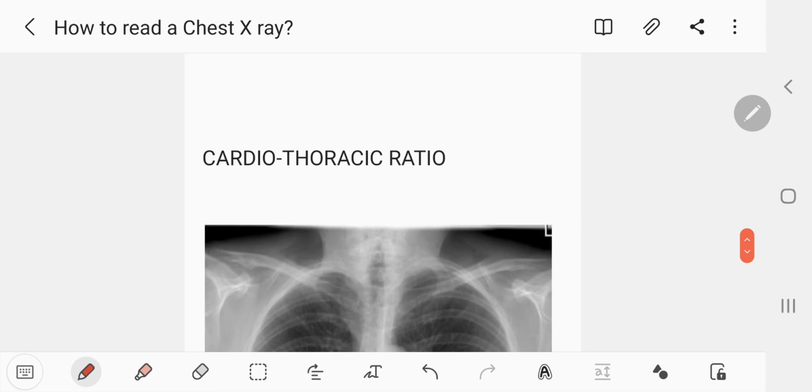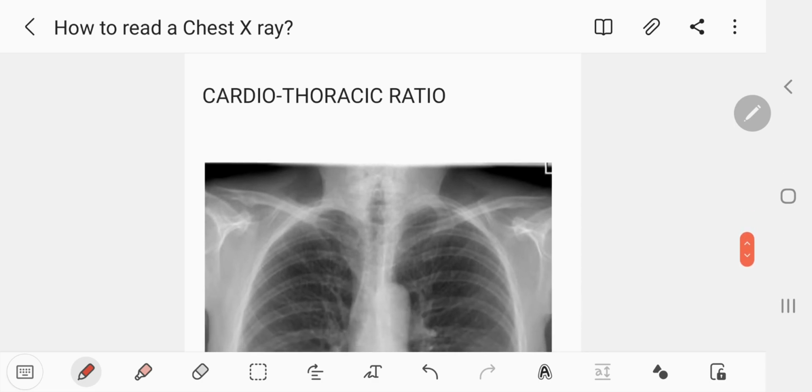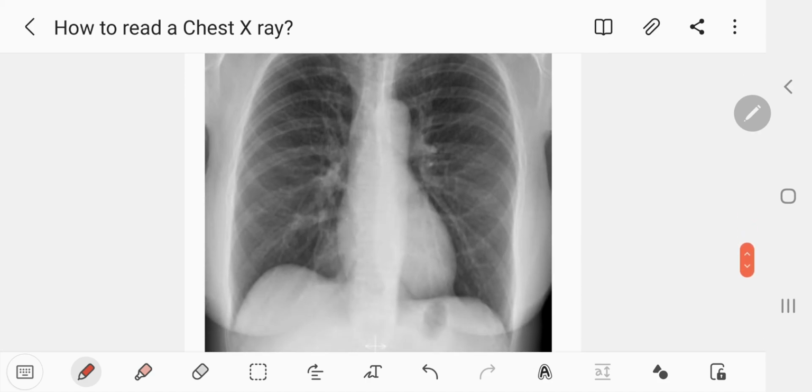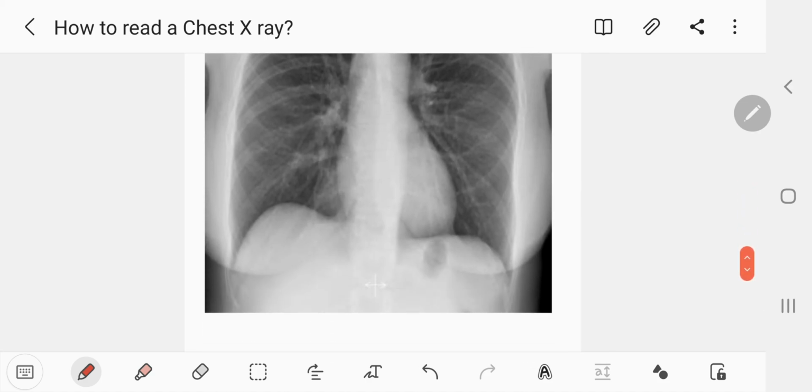Now, moving forward, there's just one more concept, that's the cardiothoracic ratio. The cardiothoracic ratio is calculated by drawing an imaginary line towards the right and left borders of the heart on the medial side, and taking the transverse diameter of this part, and also taking the right and left borders of the thoracic cavity and taking the transverse diameter of this side.